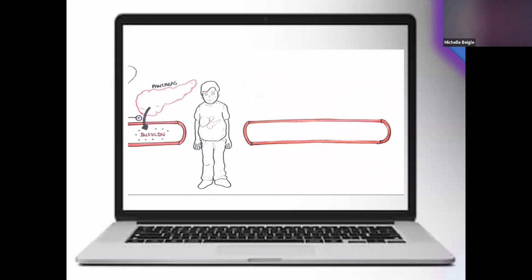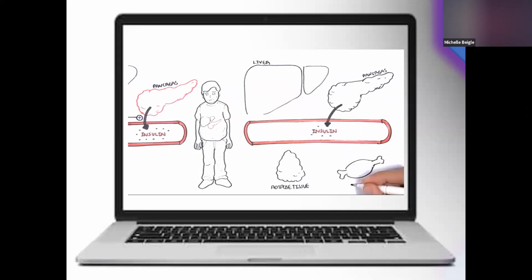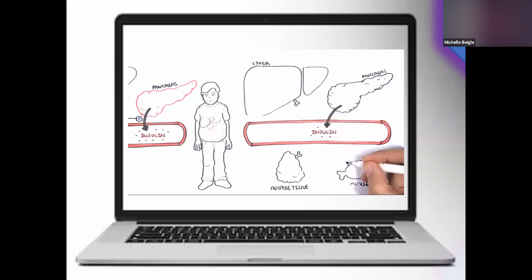So again, here is the circulation, here is the liver, and here is the pancreas. The pancreas is the organ that produces insulin, and here is the adipose tissue, fat basically, and here is the muscle cells, skeletal muscles. And on these organs, on these cells of these organs, there are receptors for insulin.